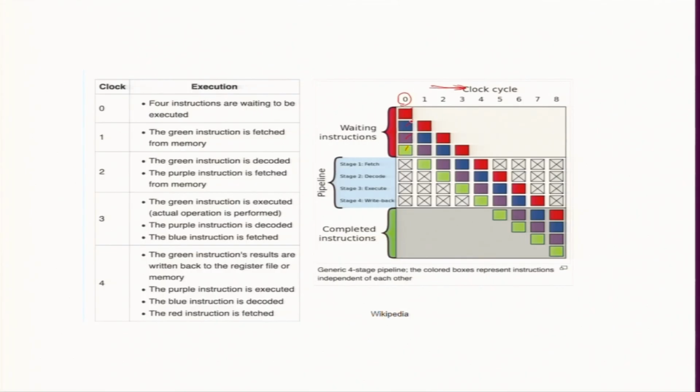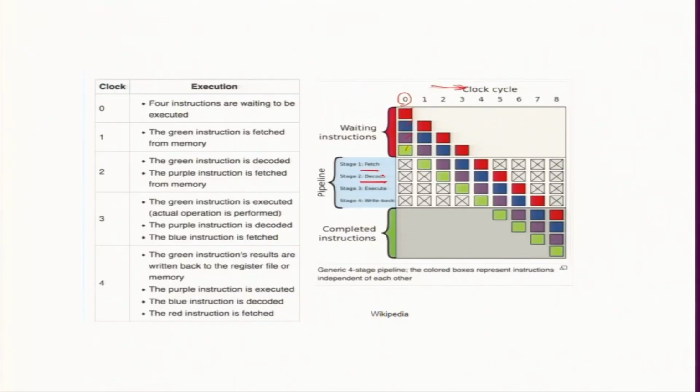I need to execute 4 instructions, and each instruction, now I did not cover it, but if you look at any computer science book, has 4 operations. First the processor has to fetch the instruction, it will come from memory, basically from cache. Then decode the instruction.